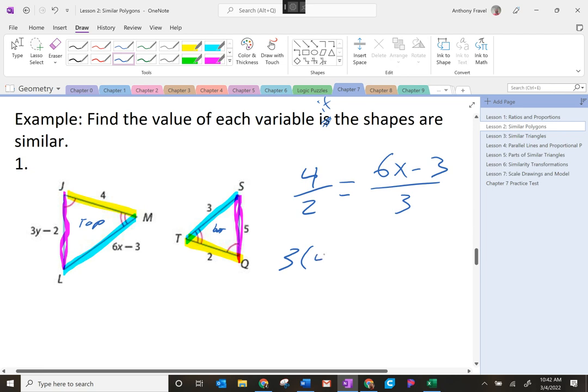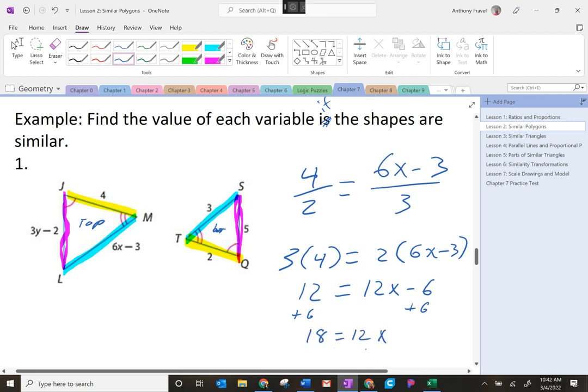That gives me 3 times 4 equals 2 times 6x minus 3. That gives me 12 equals 12x minus 6. Plus 6 to this side, plus 6 to this side, I get 18 equals 12x. Once I divide both sides by 12, x equals 1.5.